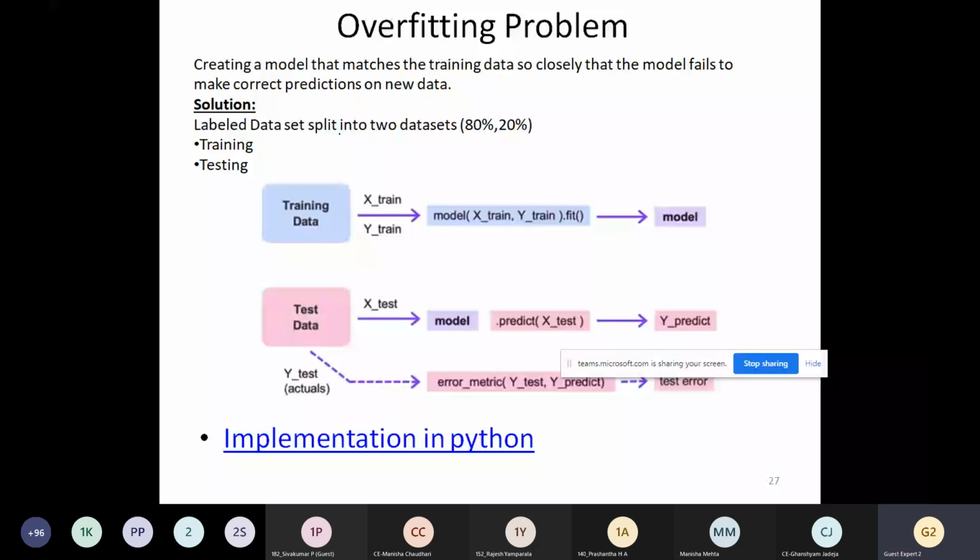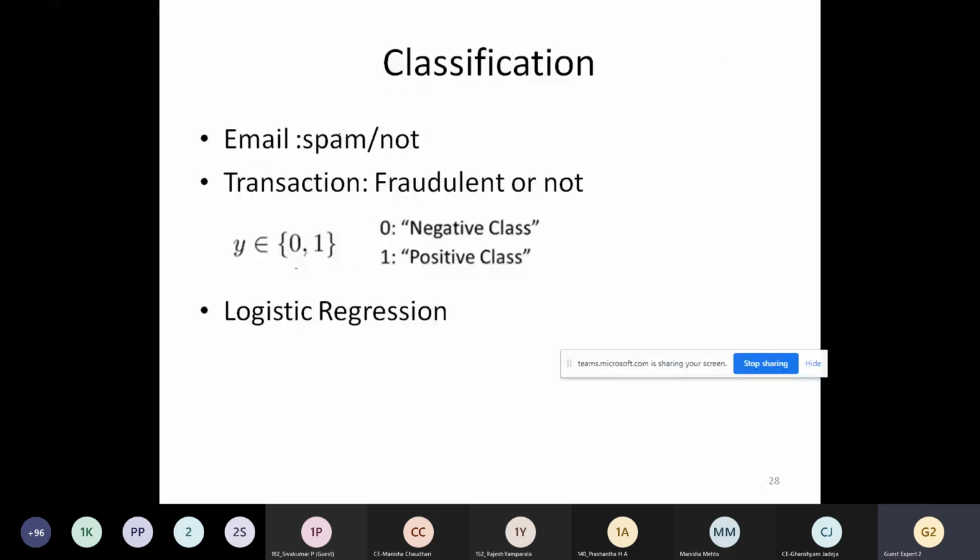Now, the second type of supervised machine learning algorithm is the classification problem. Classification problems are used to solve problems like classification of email, whether the incoming email is spam or not.